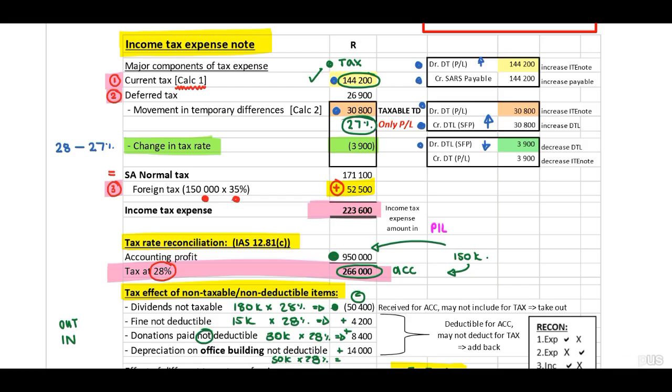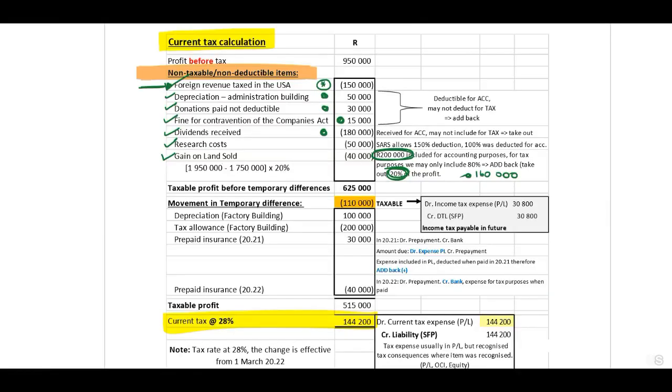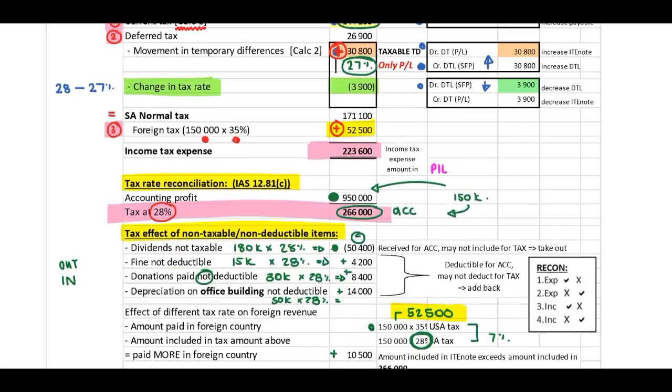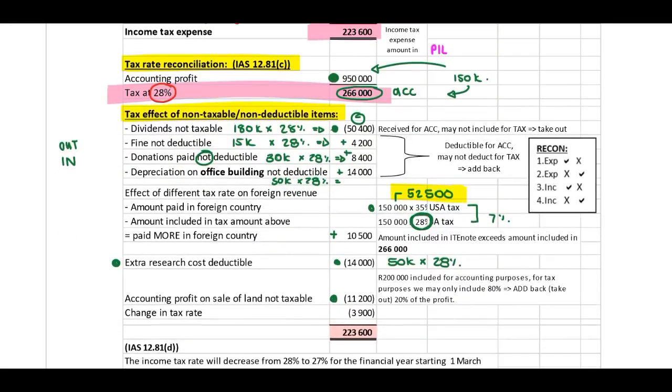But in our current tax calculation, we have included our temporary difference. Look at this. Here, it's a negative, and in our note, it's a positive. Therefore, this will net out. And then, what is at the top, which is not at the bottom? Our change in tax rate, 3,900. And we reconcile to 223,600.